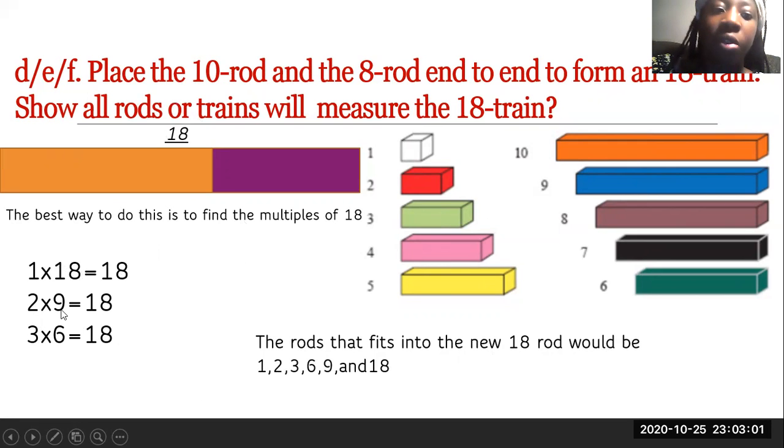Then we have 2 9 rods or 9 2 rods that will go into our new 18 rods. Or we can do 3 6 rods or 6 3 rods, which will go into 18. They want us to find which rods. So our 1, 2, 3, 6, 9, and 18 rods will each go into 18. And that would be our answer.